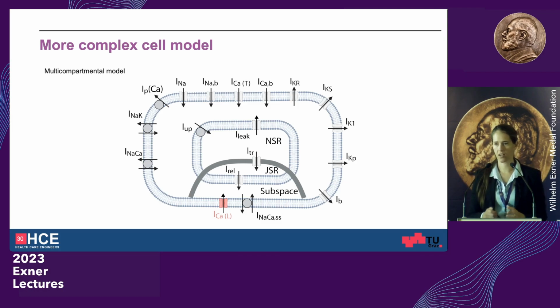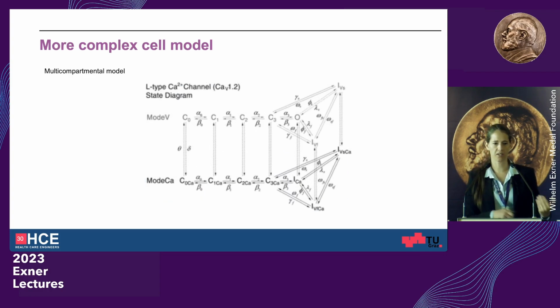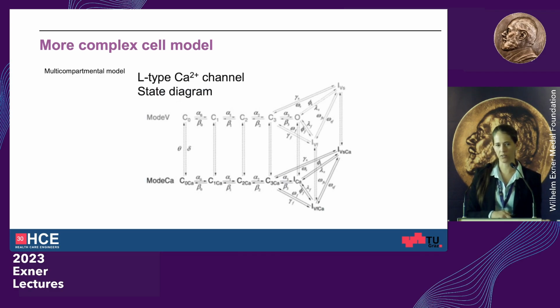Because we were focusing on this ICaL ion channel, if we have a closer look at it, this is the Markov state diagram, which in comparison is more complex than the one that we saw before, because this ion channel not only depends on the voltage, but also on the local calcium concentration.